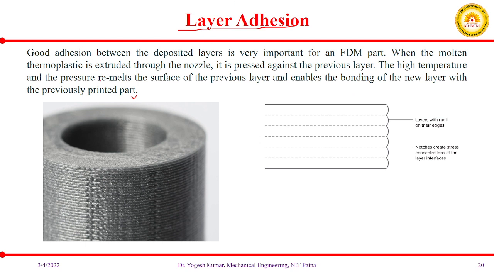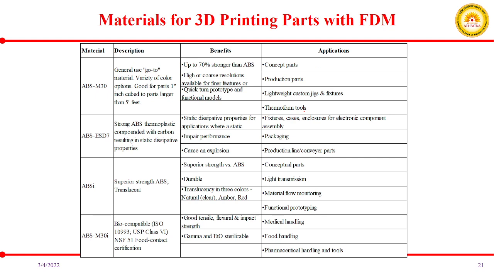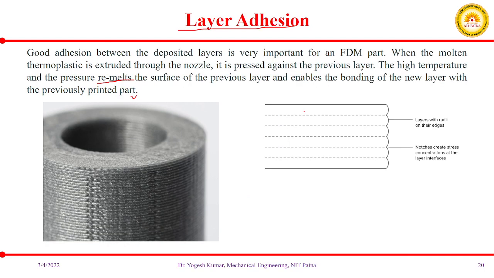Some remelting takes place on the previously printed layer, so that proper bonding takes place between these two layers, and this continues till the creation of your final product. Okay, so this was all about your FDM printer.